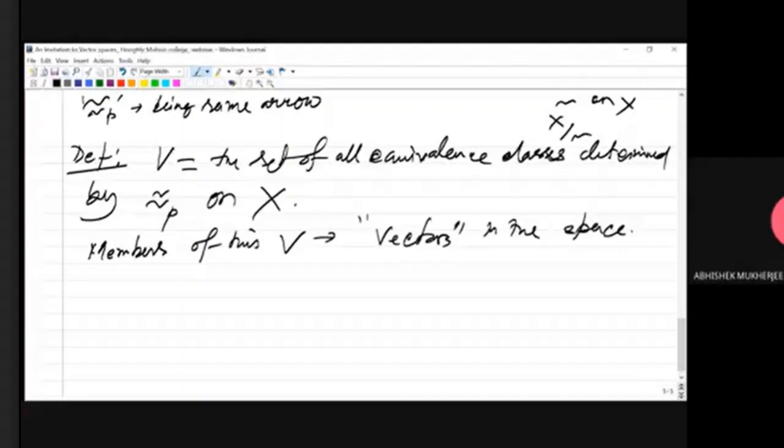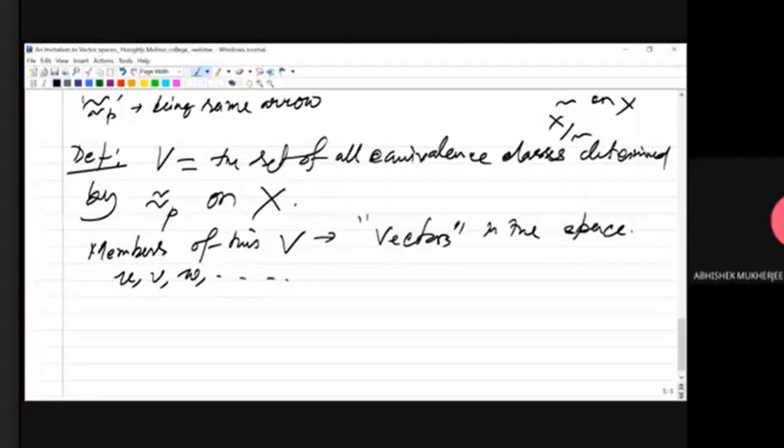The physicists are using this example actually. So this example, arrows, will give you the idea that there is an associated vector space with respect to arrows. The members of this V will be denoted by small letters like u, v, w, etc.